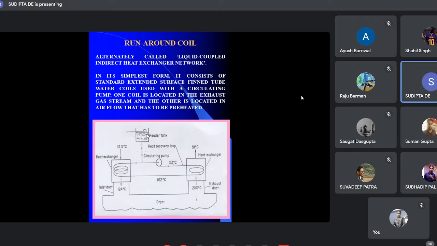So it can be neither condensed, nor evaporated, nor solidified in any of the sections. So your selection of the working fluid is the most important issue, and the locations of the two sources of heat, that means from source to sink, that's the very important part in the runaround coil.